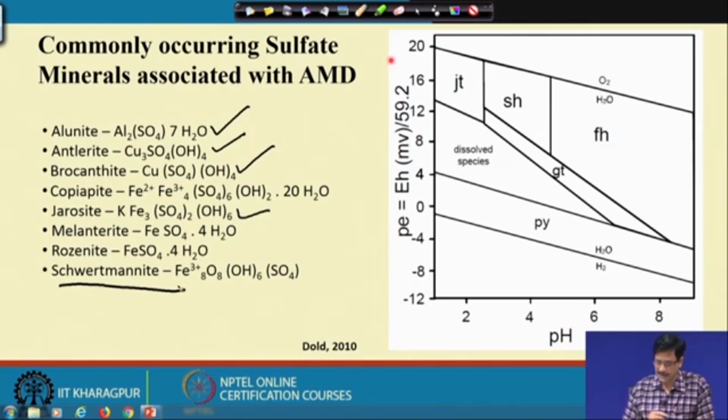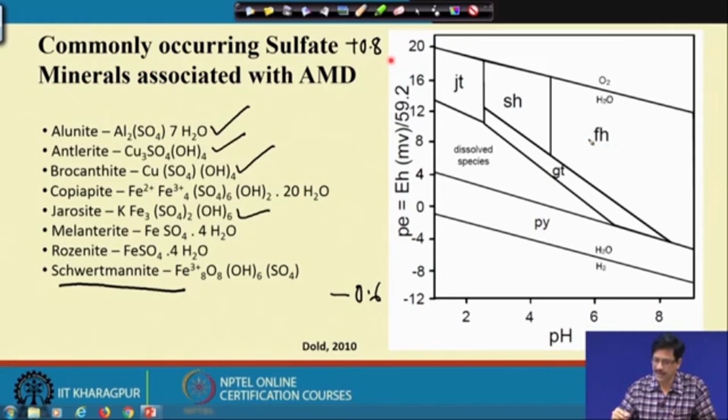So here is a pE versus pH diagram, where you can translate the pH to the Eh, which could be something about minus 0.6 to plus 0.6 or plus 0.8, the kind of value that we saw before. So within this Eh-pH range, the stabilities of these different mineral species can be delineated. This is jarosite, JT is for jarosite. This is schwertmannite.